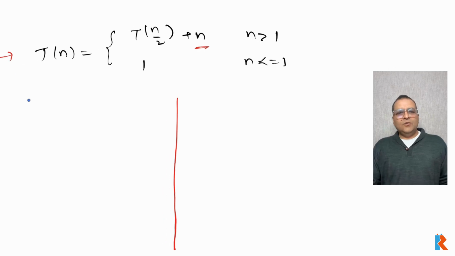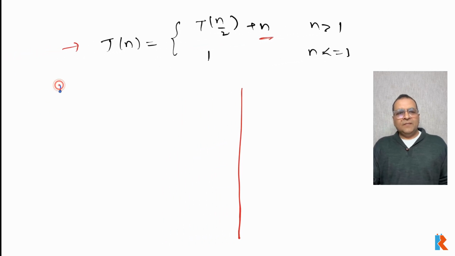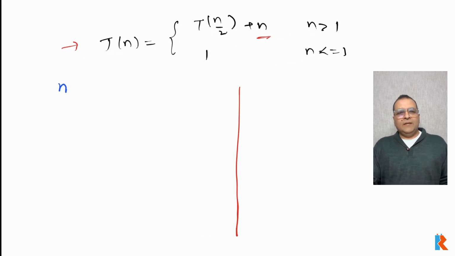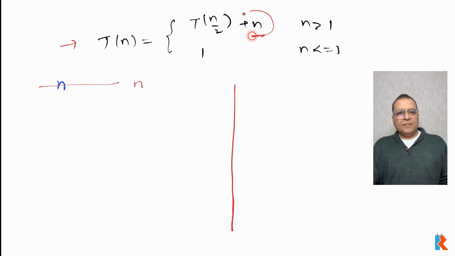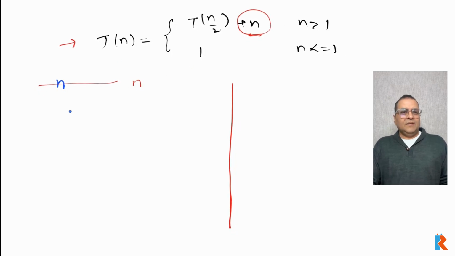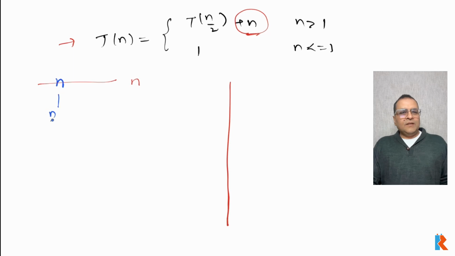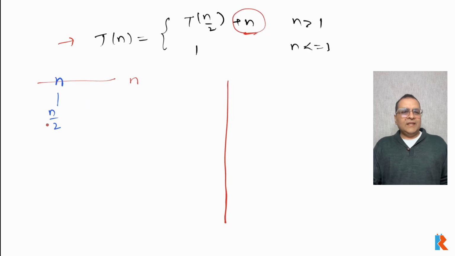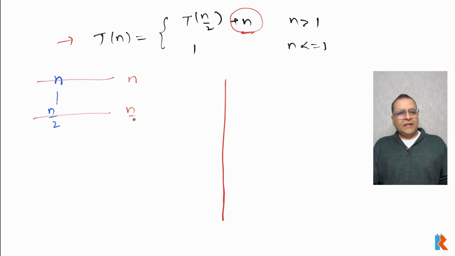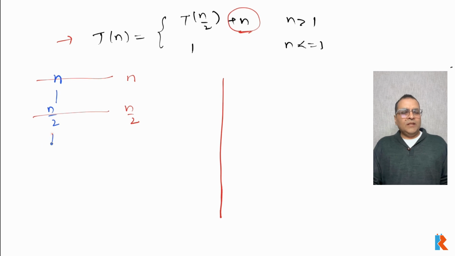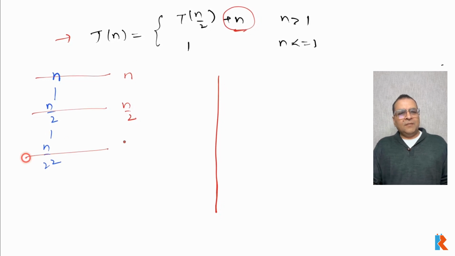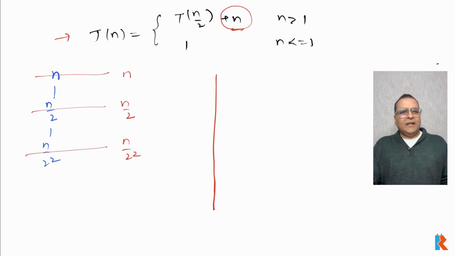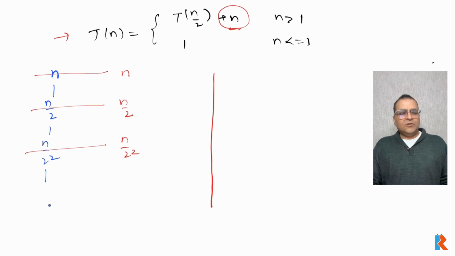If you solve it using the function call tree, then initially we call the function for n. At this level, we are taking n time, which is same as this, and then call the function for n/2. At this level, we will be taking n/2 time and then calling the function for n/2². At this level, the time taken will be n/2² and the function will be called for n/2³.